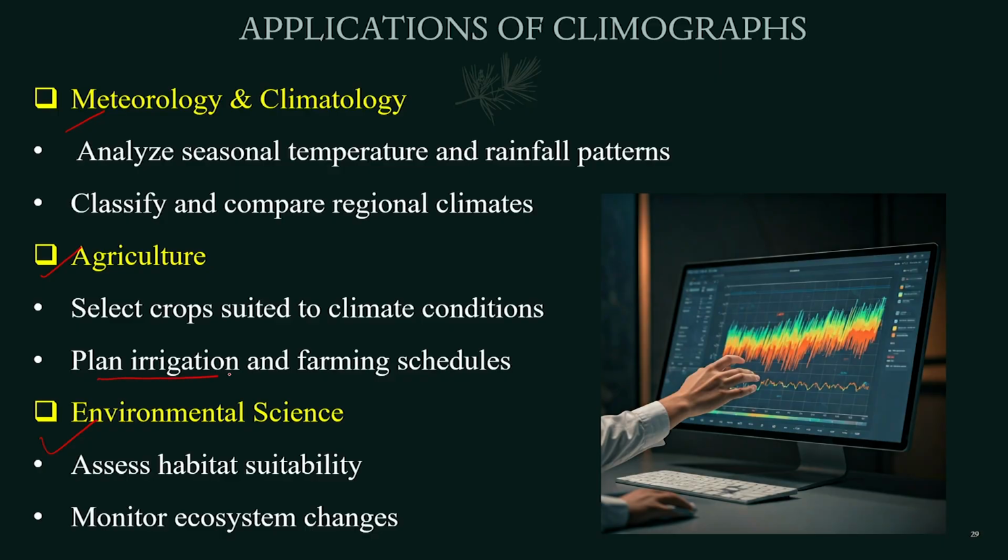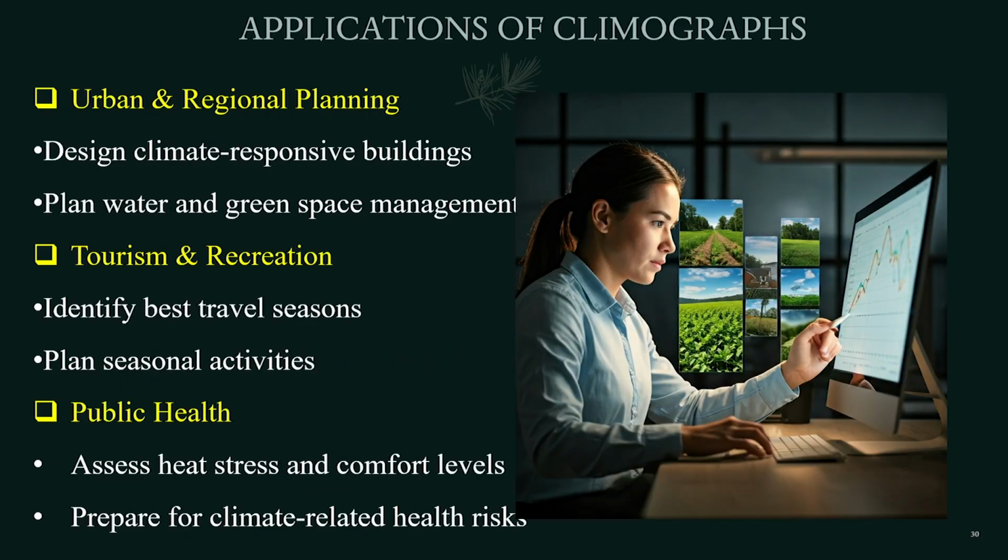In agriculture it is used to plan irrigation, and in environmental science to assess habitat and stability and monitor ecosystem changes. In urban and regional planning, it is used to design climate-responsive buildings and to plan water and green space management.